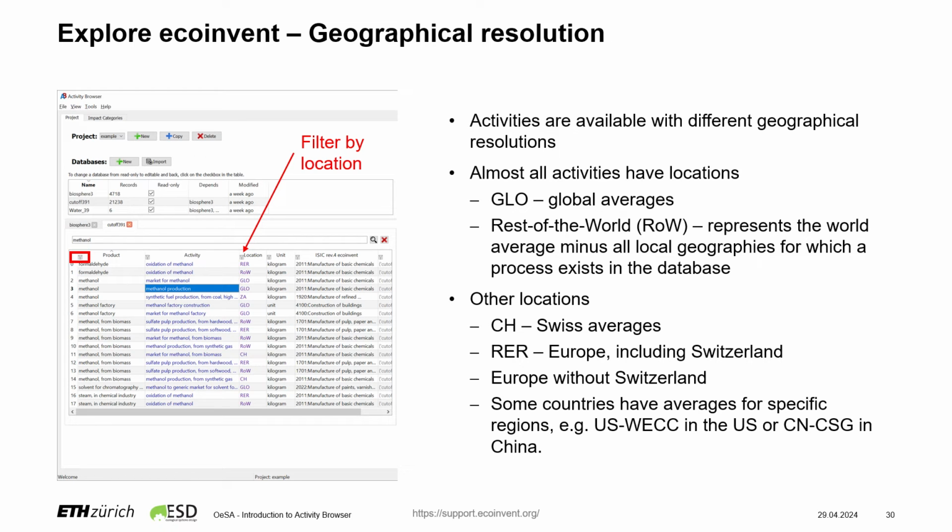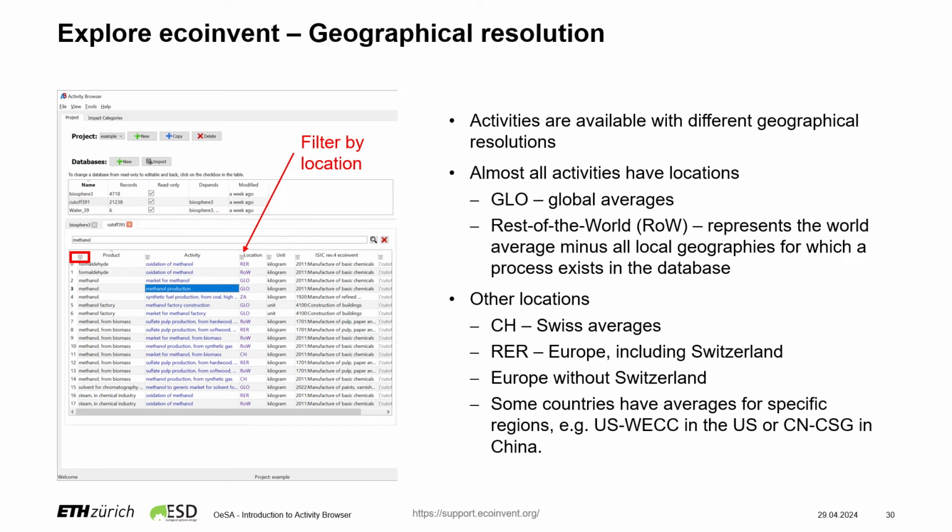And this is basically all of the countries minus all of the countries for which this data set is available. So it's basically world minus what is already there. Kind of an average for everything for which you don't have country-specific data sets.